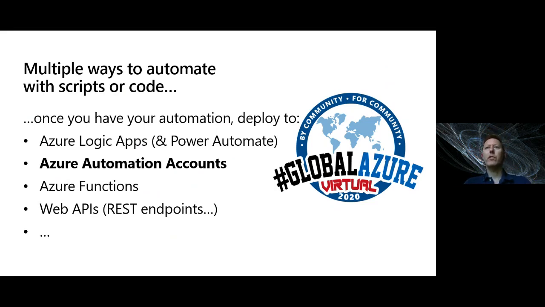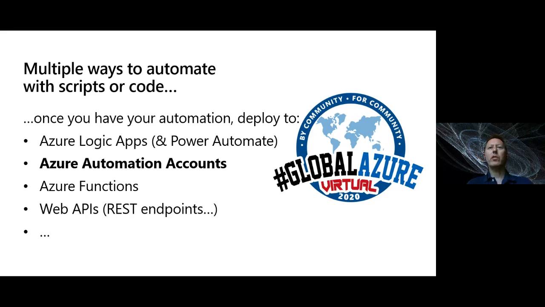For example, say you have the task that you say, I want to get a report of all my active users in Microsoft 365, and I want to see how many files they have shared, or a similar task where I say, okay, I need to do something with my custom scripts. There are multiple ways to do that. For example, you can create a script, or you can code it. You can run that code on your local machine, on a server, or of course you can run this code in Azure.